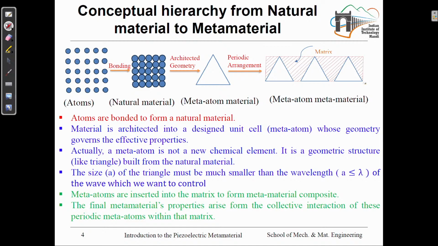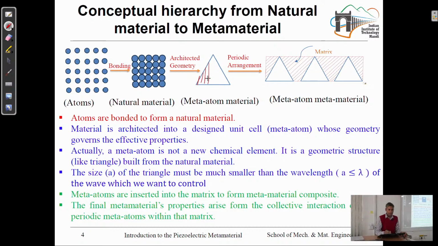See, this is a hollow triangle. We can make even a solid triangle, or we can make this type of shape, or this type of shape, and accordingly we can have an arrangement in this matrix.